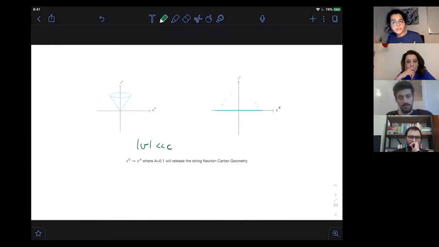For example, your string propagates in d-2 transverse directions, since the worldsheet is two-dimensional. And you can even extend this idea to p-branes or your favorite object, and it can be done. So the important message here is that I have to treat longitudinal and transverse directions differently in order to take the limit. That's the main message of this slide.